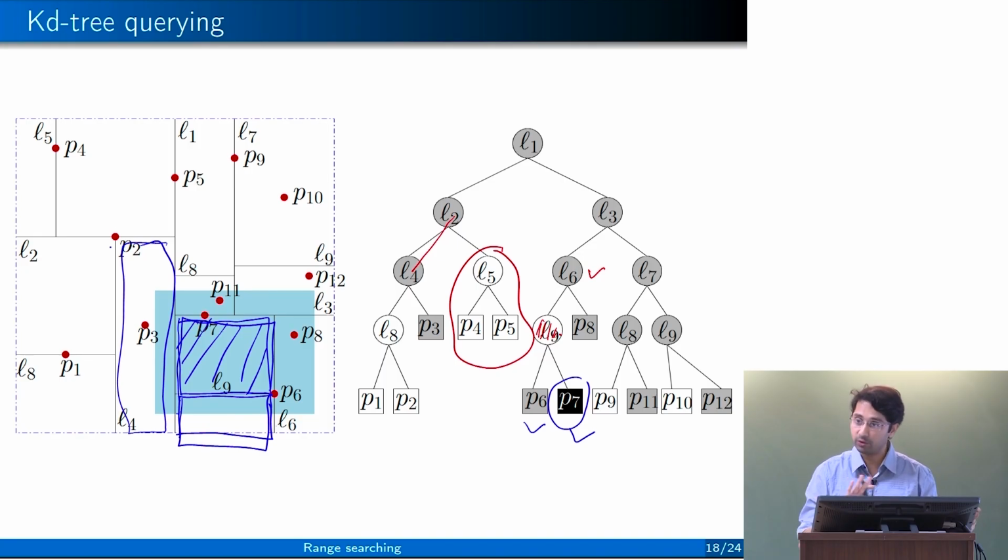No, it intersects, but does not contain. Grey nodes will go inside.